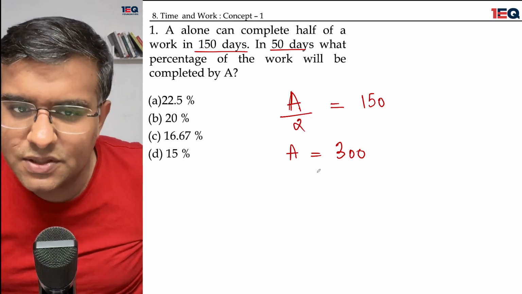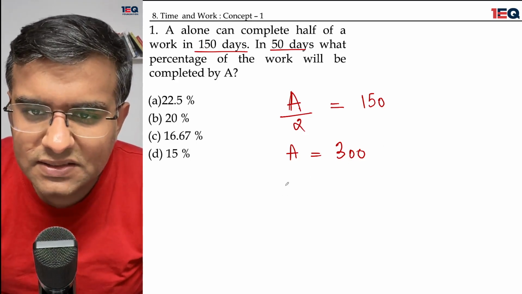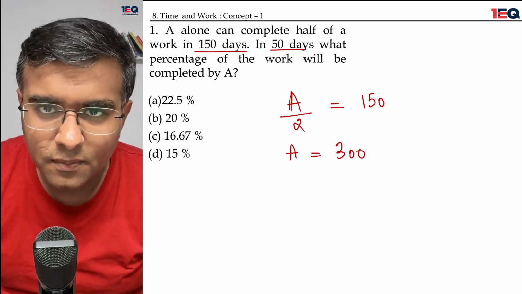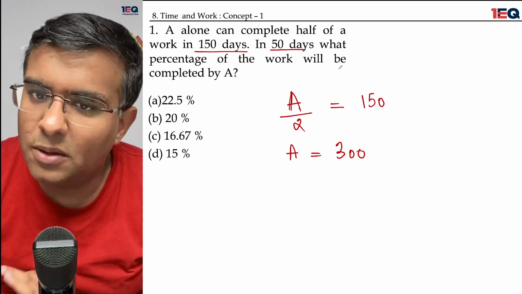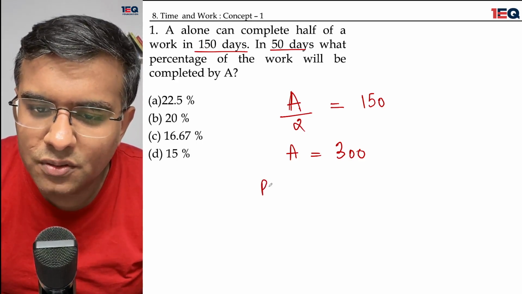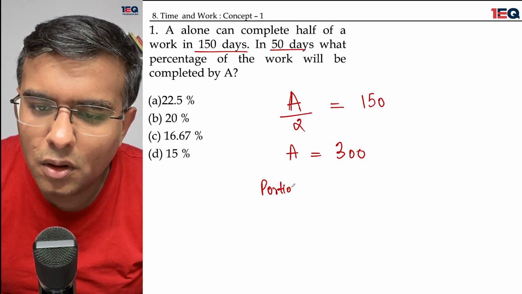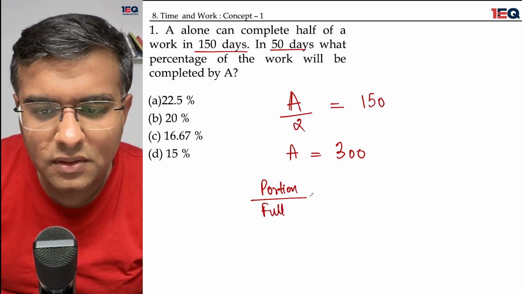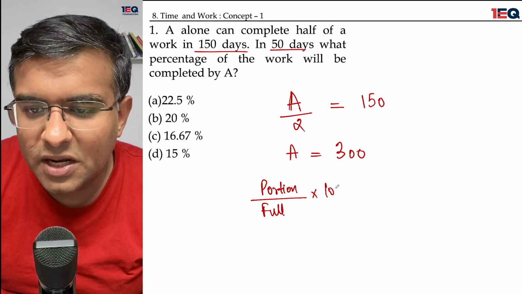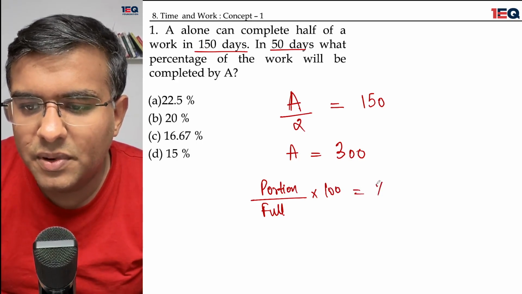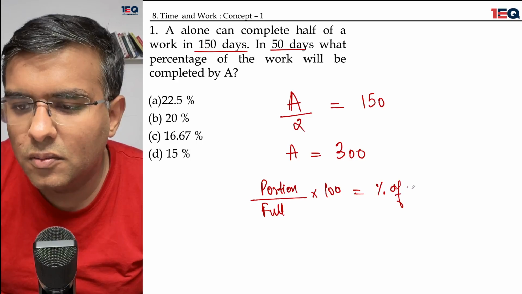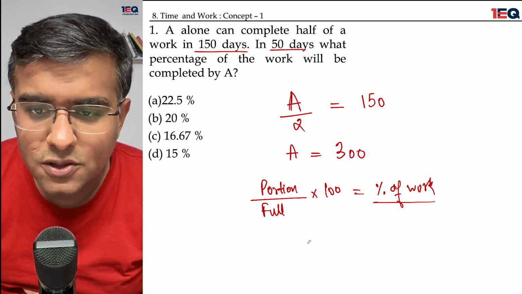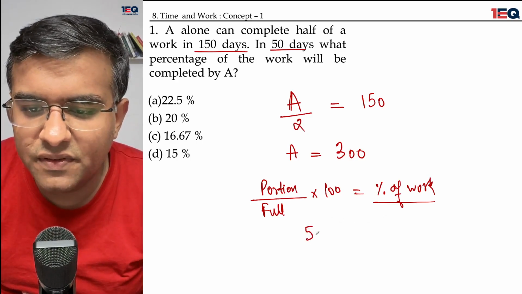This has been established. Now if somebody asks me, 50 days is the time that A is working, tell me how much work he would be completing. So the portion of work that he is doing divided by the full work that he has to do, multiplied by 100, would give me the percentage of work being finished by A. The portion that he's doing is that of 50 days.